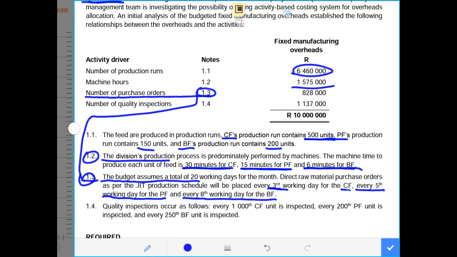Remember, they said there are 20 working days. Then the question is, how many times does 3 go into 20? 3, 6, 9, 12, 15, 18. So it will be 6 times.